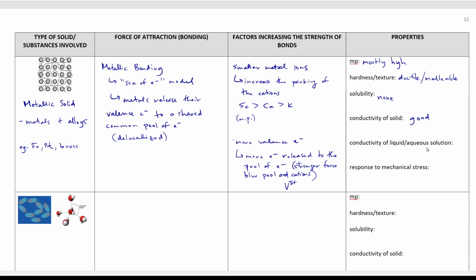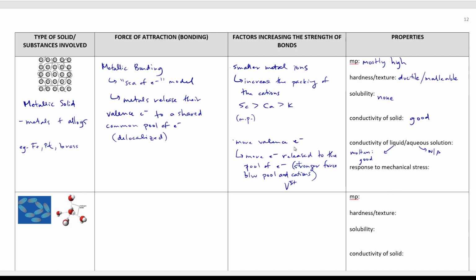So for example, molten metals have good conductivity, but aqueous solutions is not applicable because they don't dissolve in water.